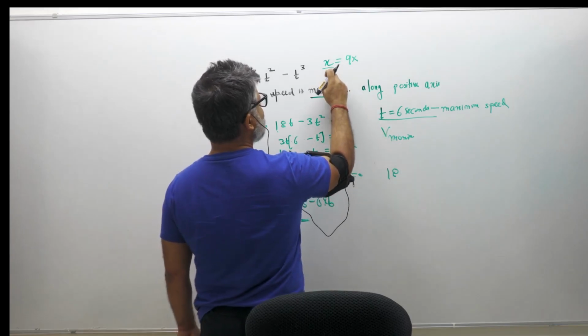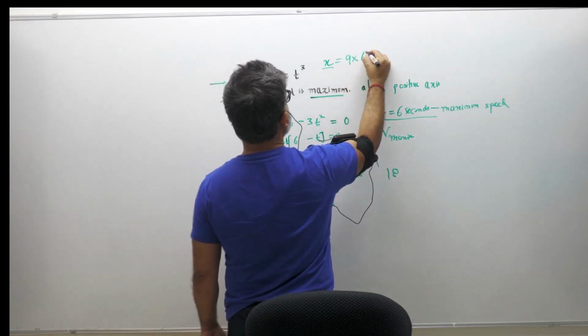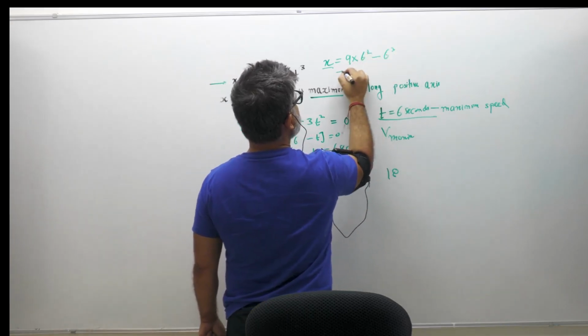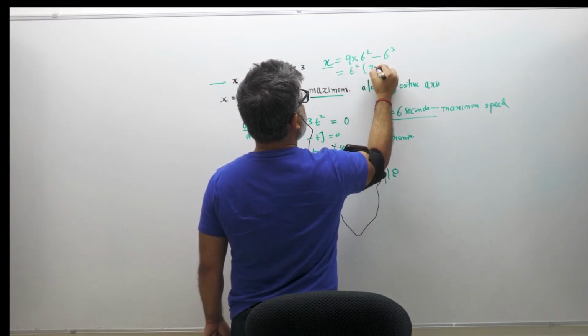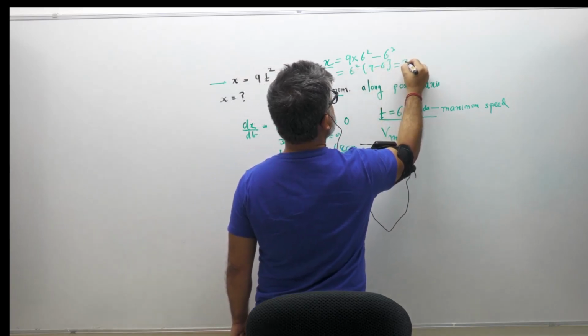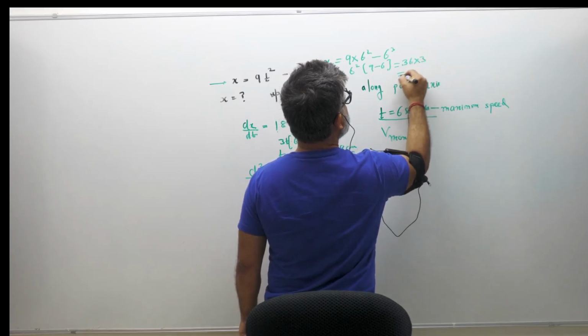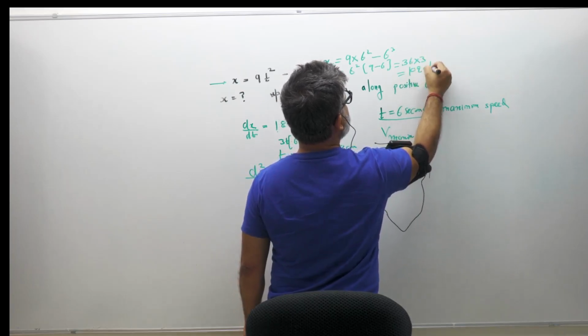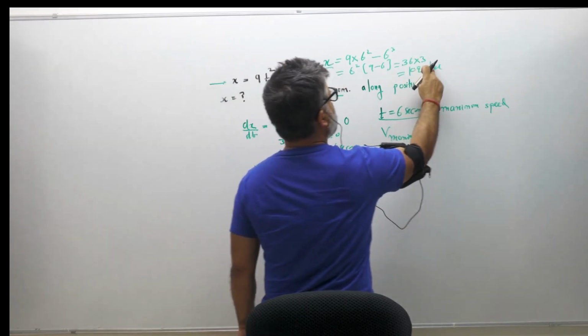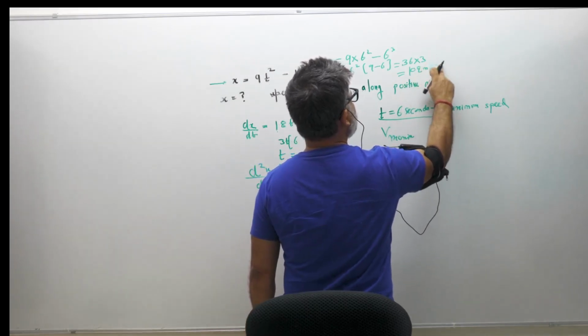So x is equal to 9 into 6 square minus 6 cube. This is 6 square into (9 minus 6), which is 36 into 3, equal to 108 meters. That's your position, sorry, it's not the velocity.